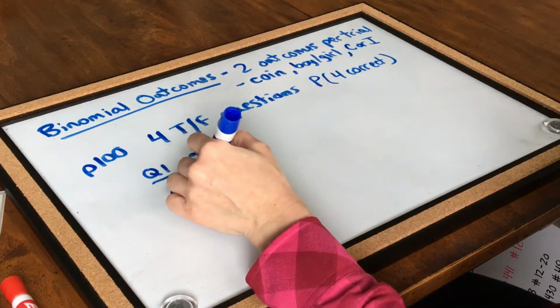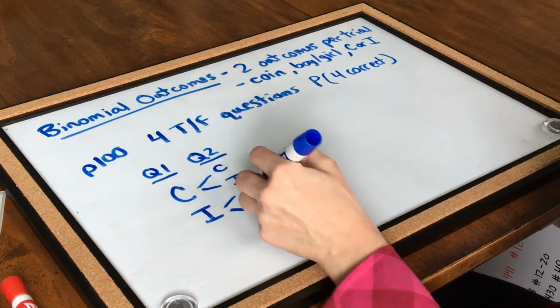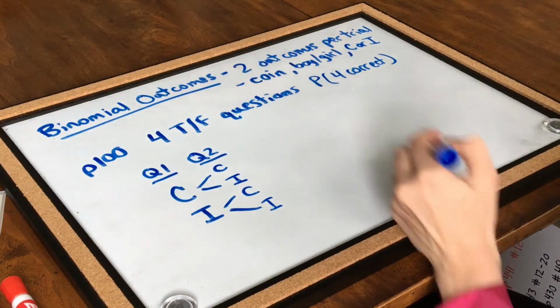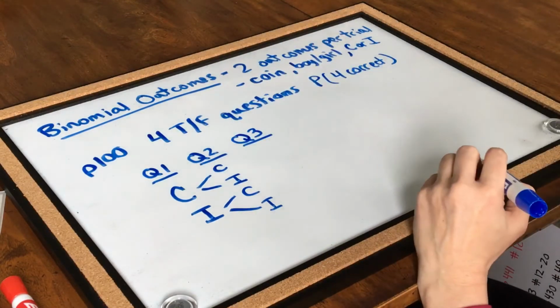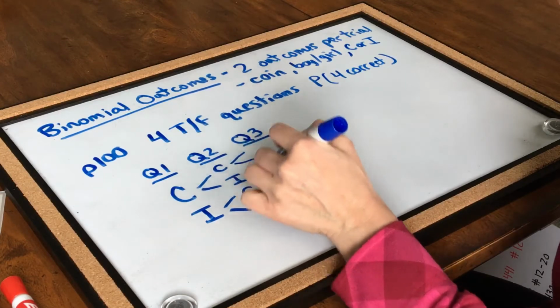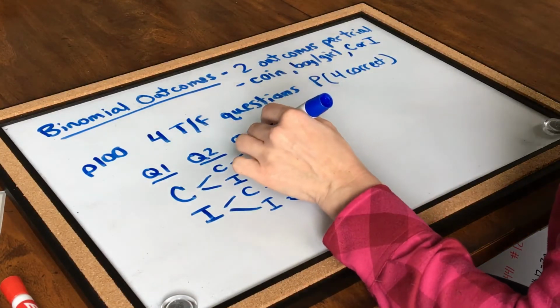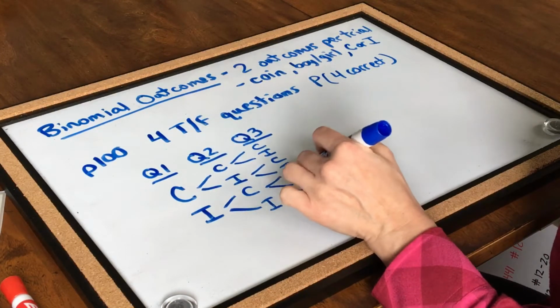I could get my second question correct or incorrect, so I'm going to put in my corrects or incorrects. Now I have 4 possible outcomes. When I go to question number 3, I could get that correct or incorrect, so I'm going to make some more branches and fill in my corrects or incorrects.